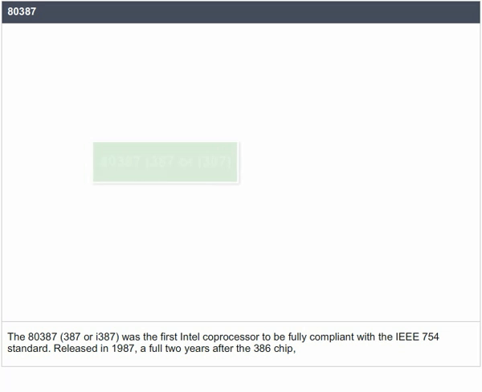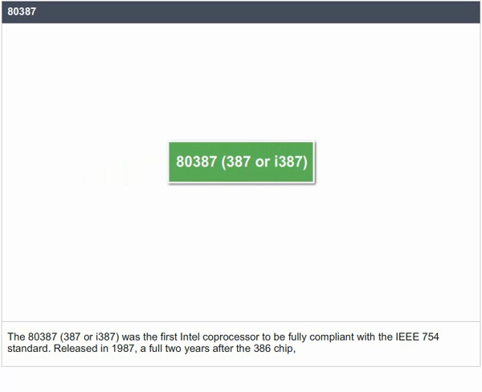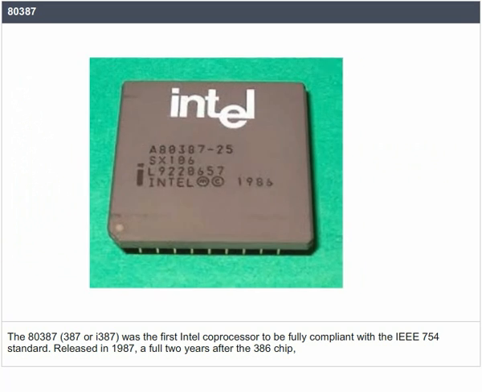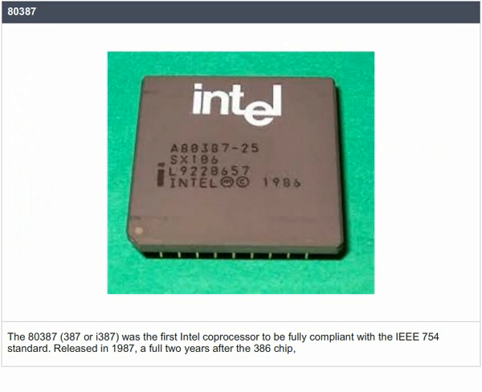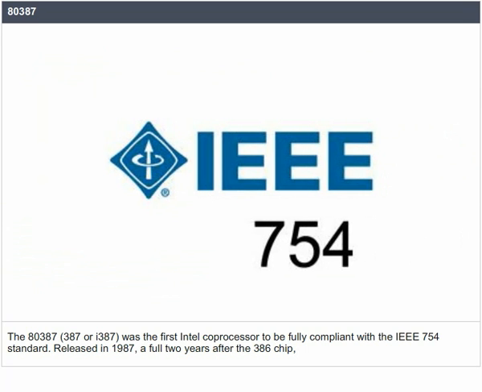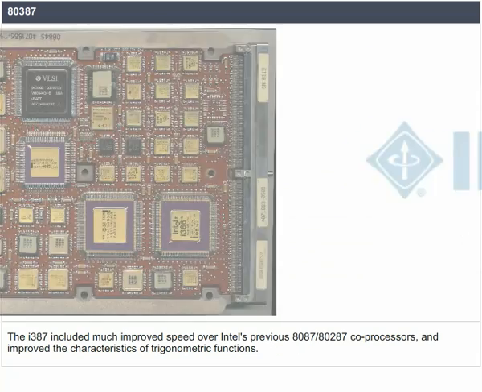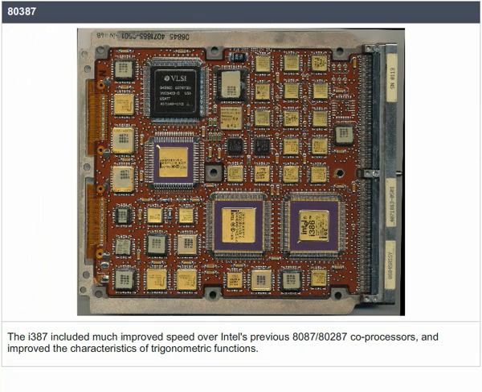The 80387, 387, or i387 was the first Intel coprocessor to be fully compliant with the IEEE 754 standard, released in 1987, a full 2 years after the 386 chip. The i387 included much improved speed over Intel's previous 8087 and 80287 coprocessors and improved the characteristics of trigonometric functions.